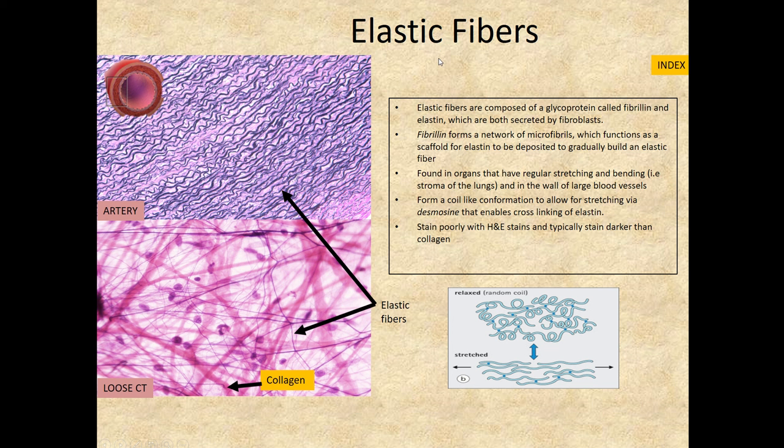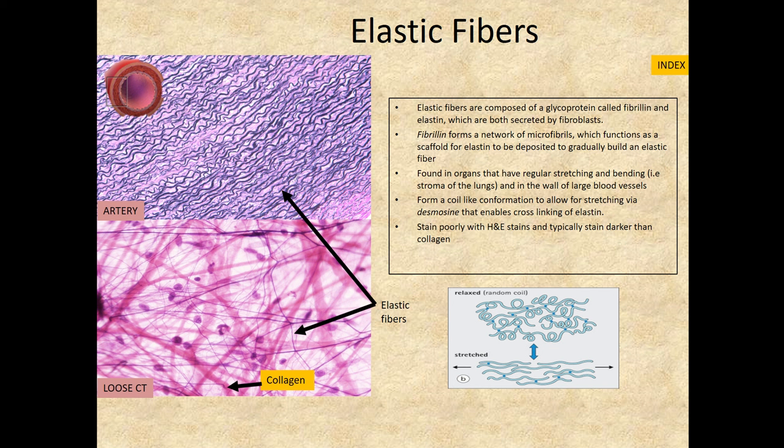So elastic fibers are probably the opposite of what you think. If you think of something being elastic, you probably think of it being stretched out, right? If something is elastic, you think of spandex, something that you can stretch. But really the terminology for what is elastic is not that you stretch it out, it's that it returns back to its original shape.